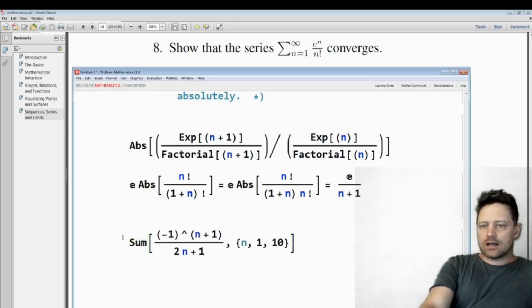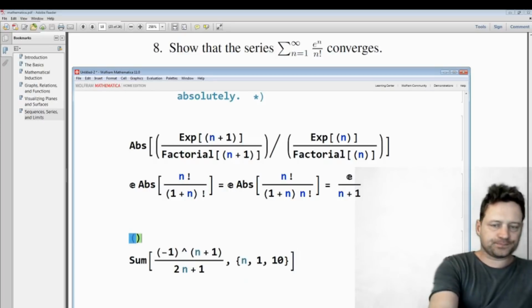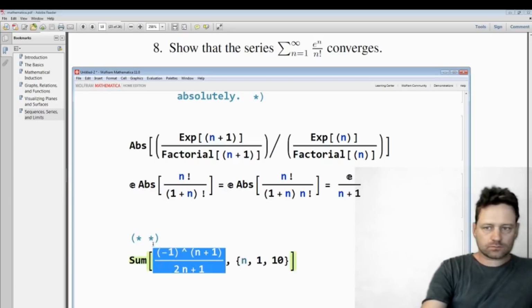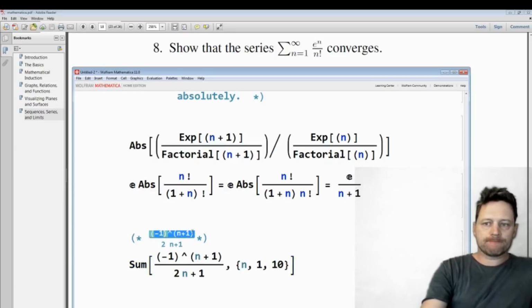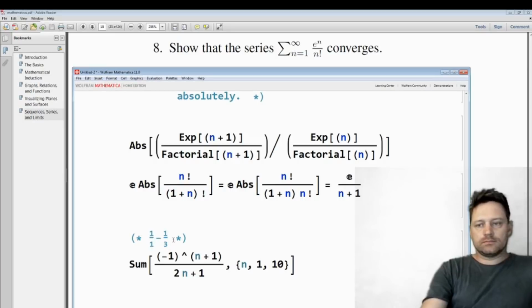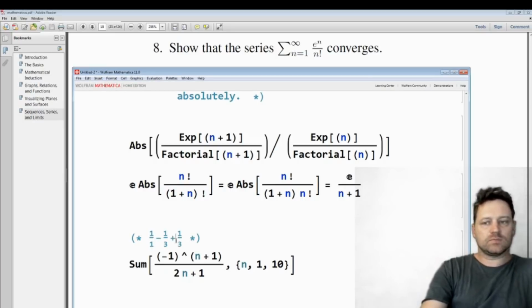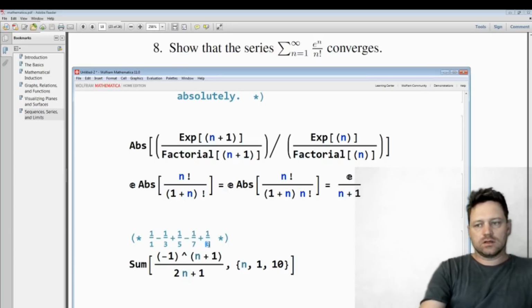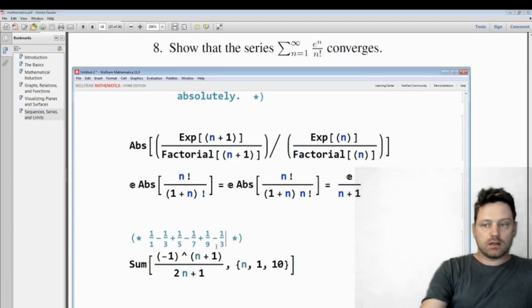Really, I should probably put this in comment form. What I'm talking about is the sum 1 over 1 minus 1 over 3 plus 1 over 5 minus 1 over 7 plus 1 over 9 minus 1 over 11, and so on.